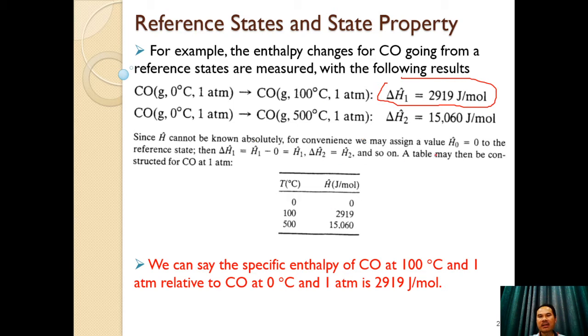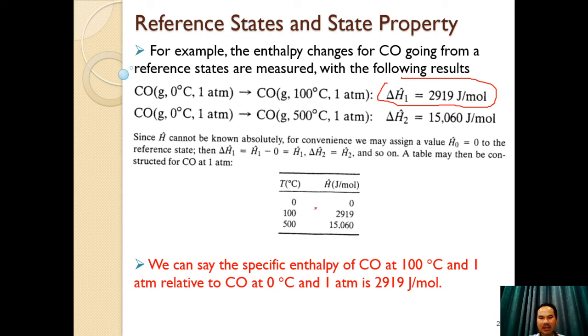But for this case, H0 is the reference state. For the reference state, we assign the value 0. For example, at temperatures 0, 100, 500, the enthalpy at 0 is 0, because delta H0 is referenced to 0 degrees Celsius, H0 minus H0 equals 0.